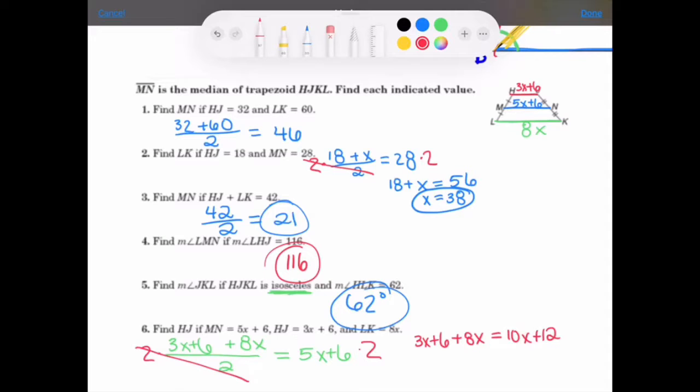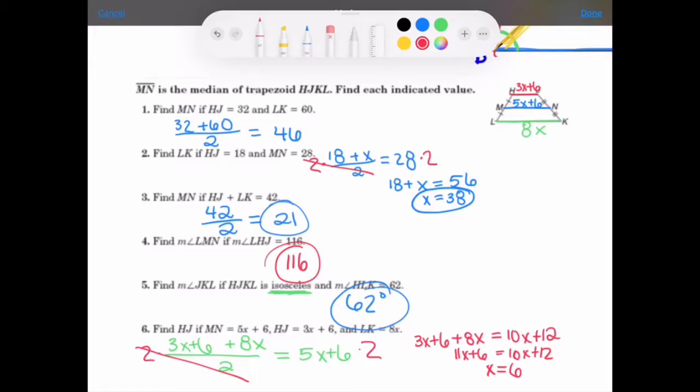So combine like terms on the left side. We get 11x plus 6 is equal to 10x plus 12. Subtract 10x from both sides and subtract 6 from both sides, and we get x is equal to 6.